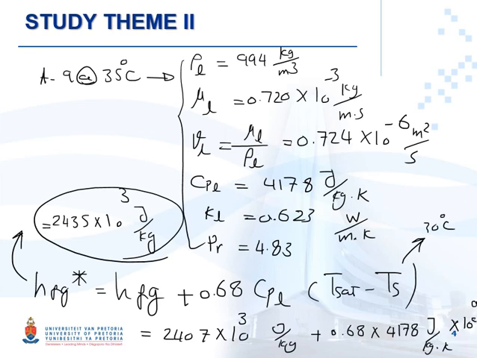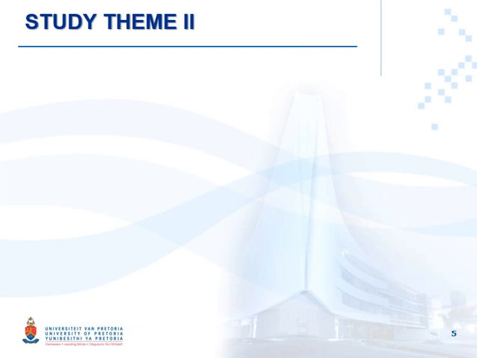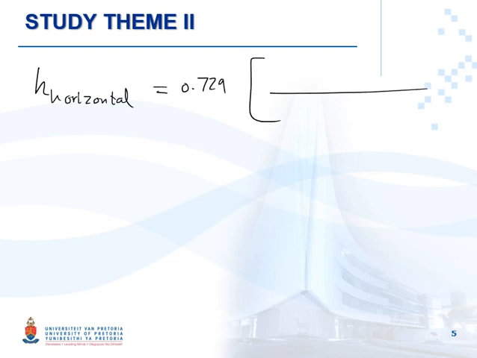So what was the next step? Find the right correlation for the condensation heat transfer coefficient. So h for a horizontal tube is 0.729 times a correlation.